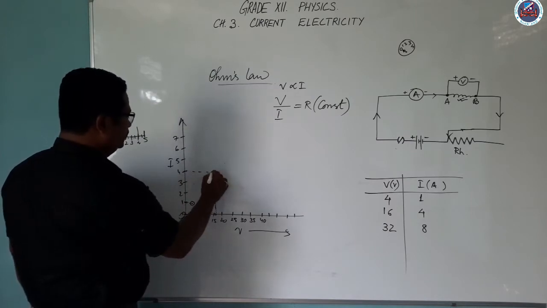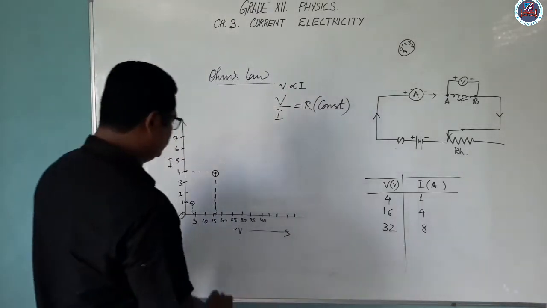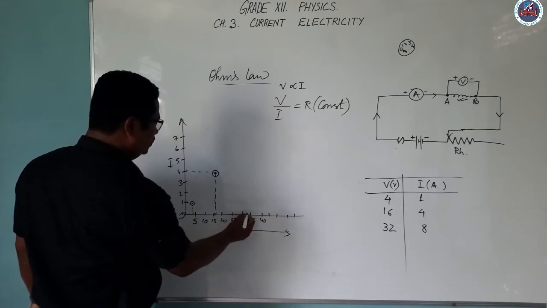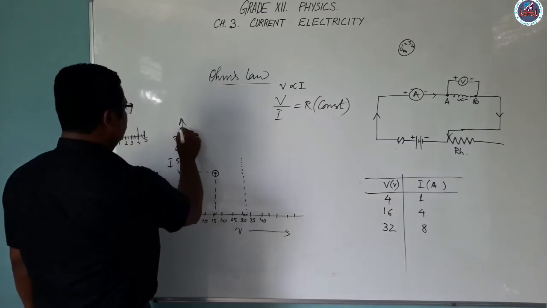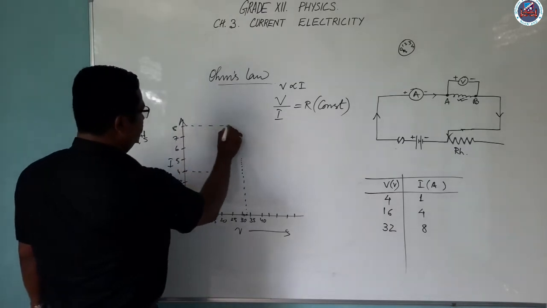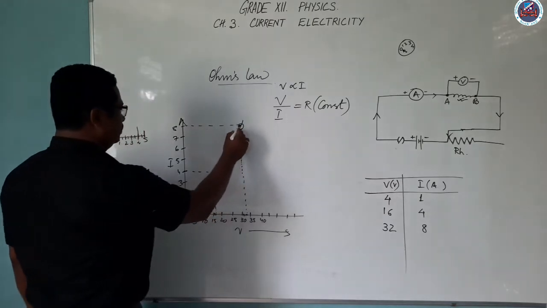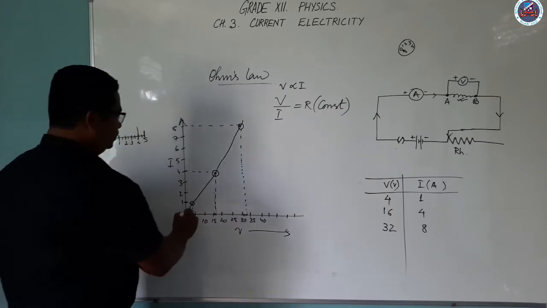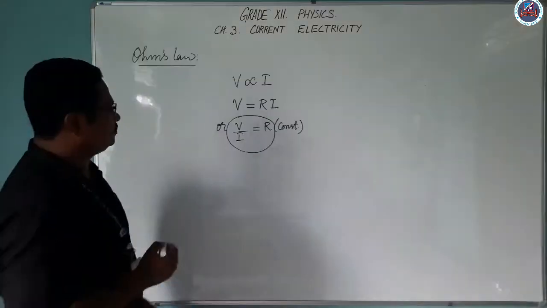Then when the potential difference is 32, 30, this is 31, this is 32, then current is 8 ampere, 7, this is 8. Like this it will come. So if you join all these points, you will get an inclined straight line starting from the origin. So this verifies Ohm's law.